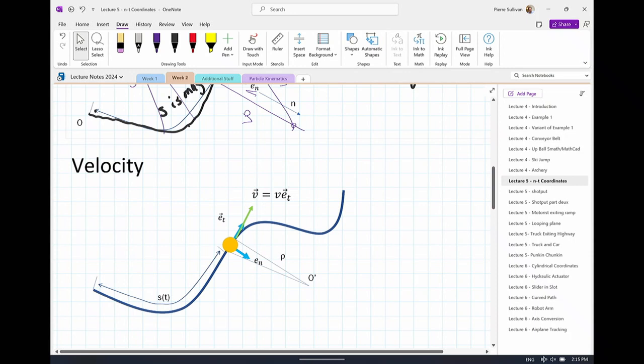So if I have a path that looks like this, I have a velocity that is pointing in the same direction as E sub t. By definition, v does not have a normal component. If it had a normal component, it would be moving off the path.